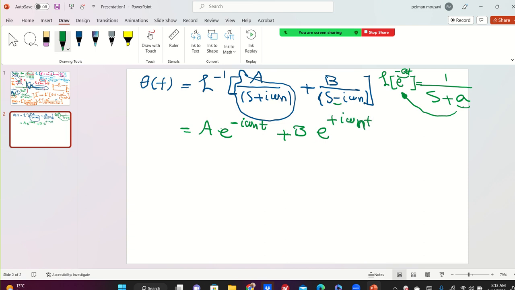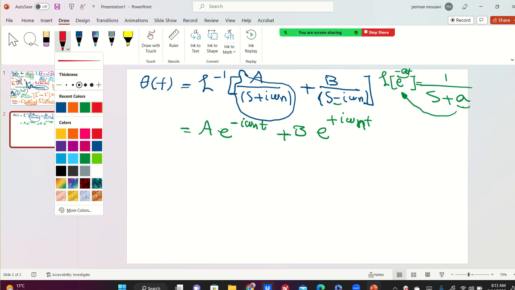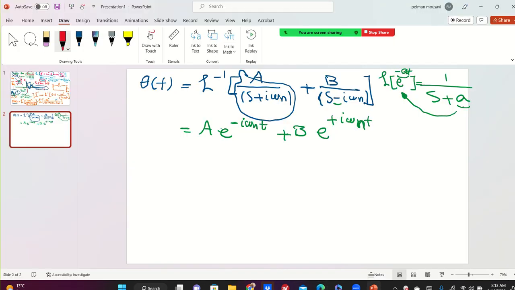Remember the Laplace transform table? If here is plus, it's going to be minus. Minus plus, minus plus.